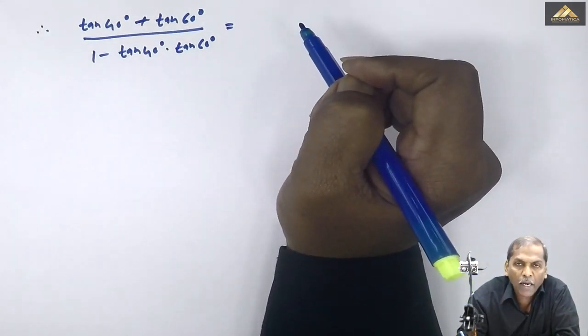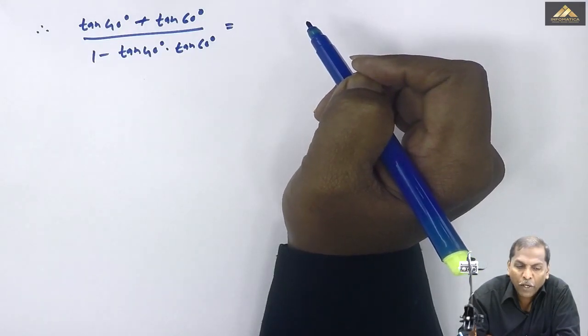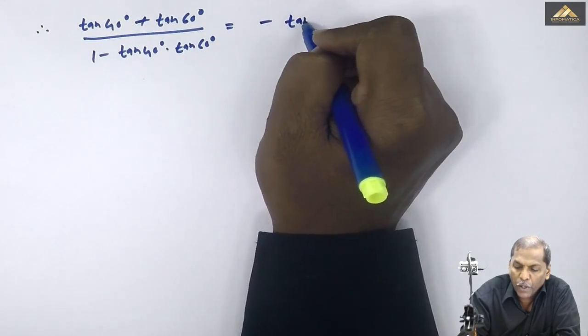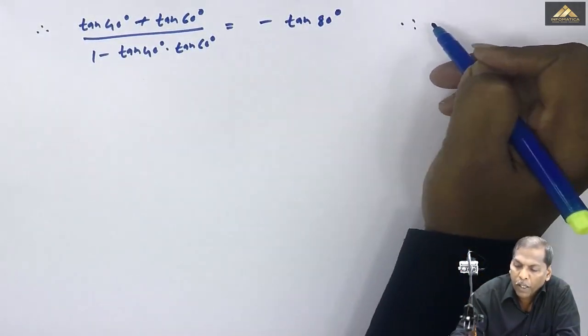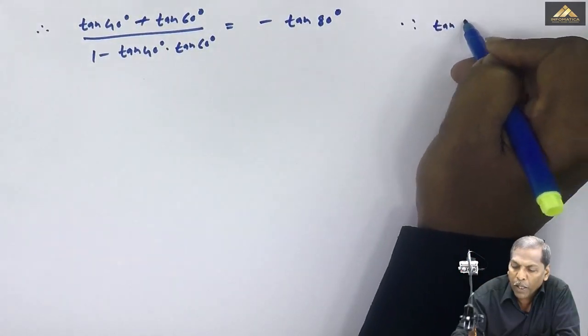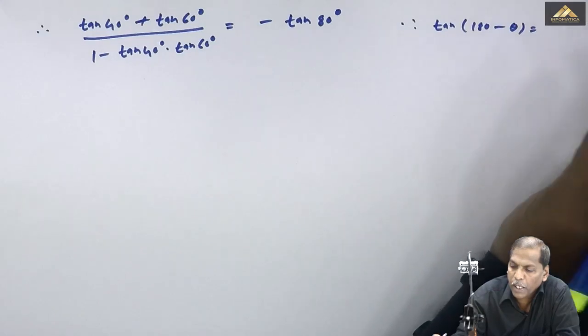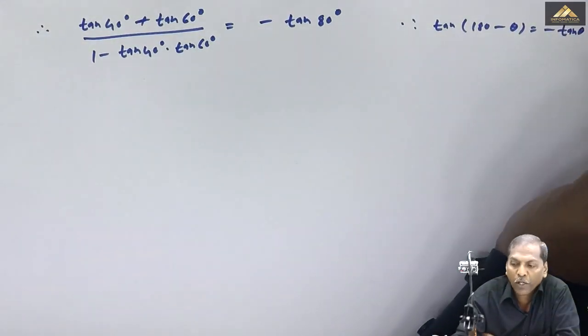So it means tan 180 minus theta कि जिसका आंसर आता है माइनस tan theta. तो यहाँ पे हमें आंसर मिलेगा माइनस tan of 80 degree. यहाँ पे हम रीजन देते हैं since tan 180 minus theta is equal to minus tan theta.